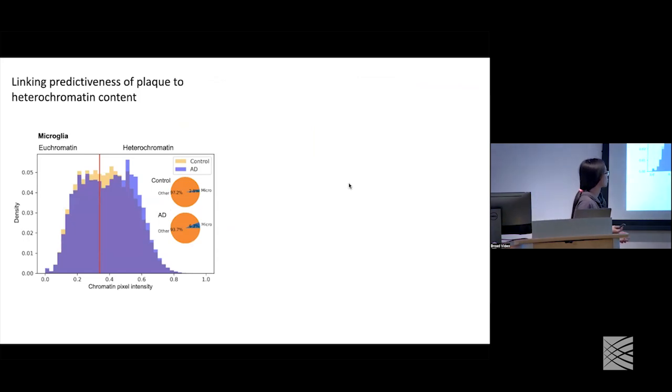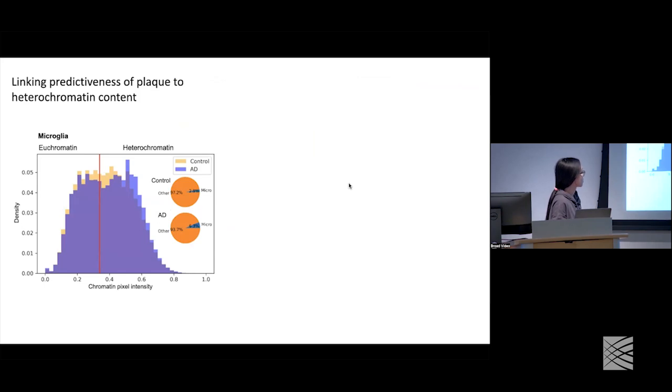the heterochromatin versus euchromatin ratio of the cells, i.e., the denser region of the cell chromatin and the less dense region in the cell chromatin. So first, we compare just broadly for each cell type how the AD transgenic mouse compared to the control mouse in terms of their chromatin intensity.